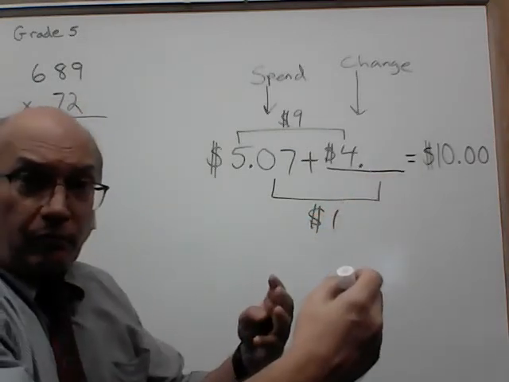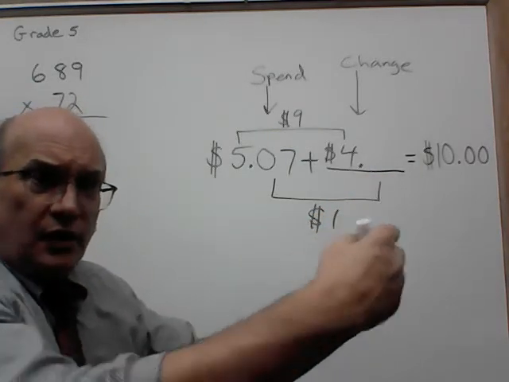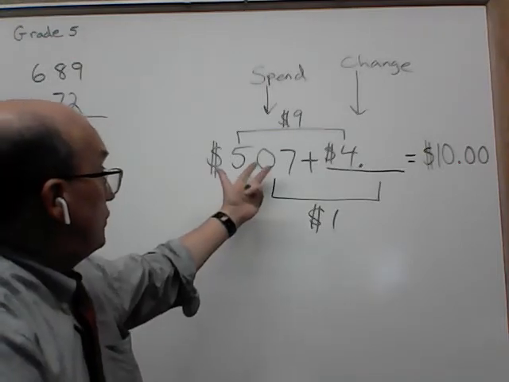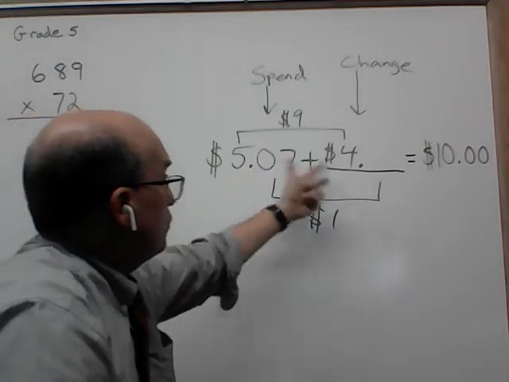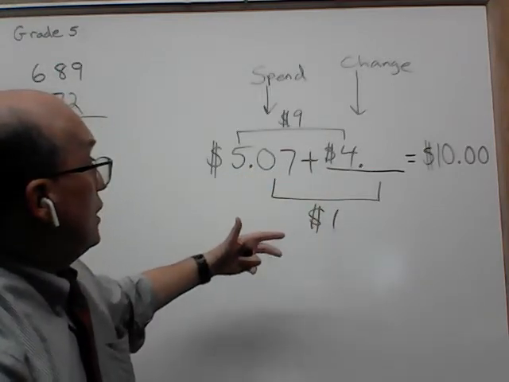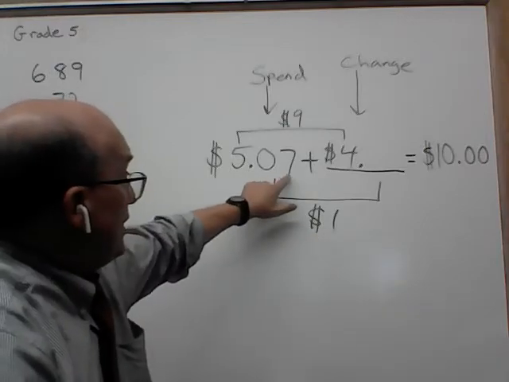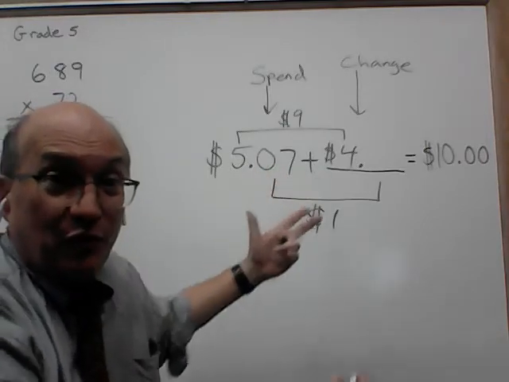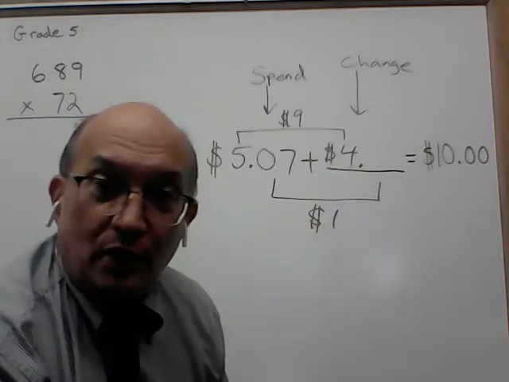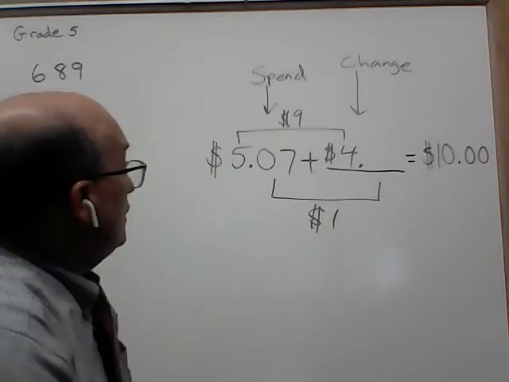You see, the $10, we just think of it as being broken down into two parts: what you spend and what your change is. The two add up to $10. And obviously if you spent exactly $5 and gave a $10 bill, you'd get $5 back. That's too easy.